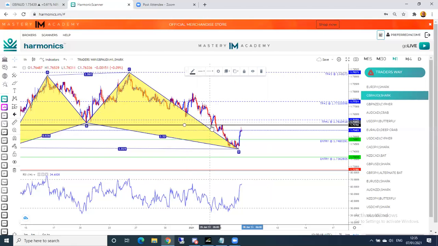You see where prices come down, pushed up to it there. So that could be another level, 1.7566. We've also got the B point on the scan here as a key level, which is actually not that far away from that. But we've also got these projected take profit 1, take profit 2, take profit 3 from the Fibonacci levels on this scan as well.